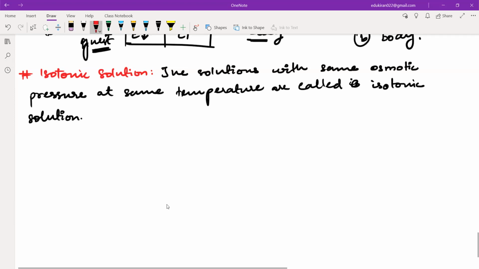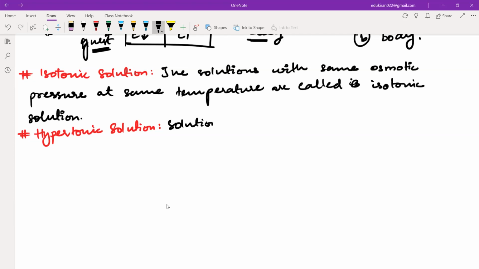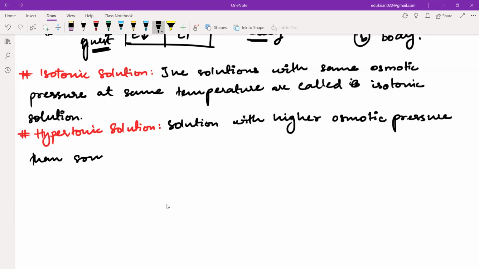There is a similar word, hypertonic solution. Hypertonic solution will be a solution with higher osmotic pressure than some other solution.